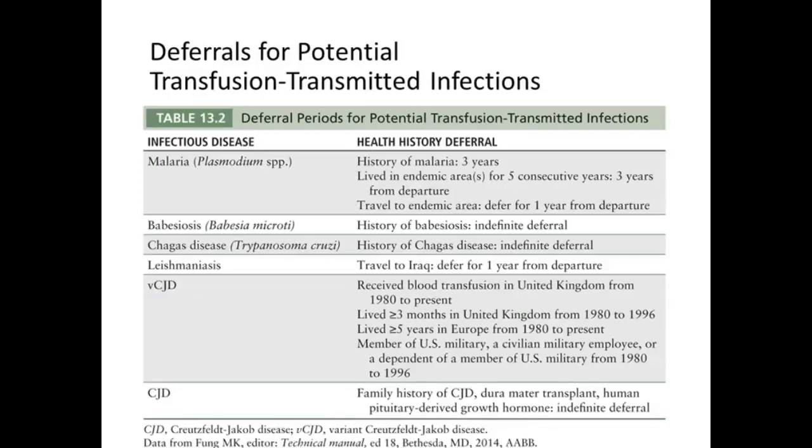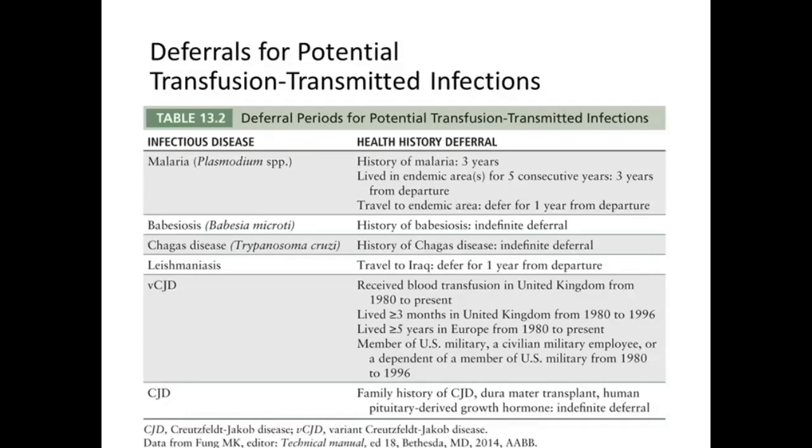The first for potential transfusion transmitted infections. History of malaria is deferred for 3 years, depending on if you lived in any endemic area. Babesiosis, Chagas disease, Leishmania, and Creutzfeldt-Jakob disease.